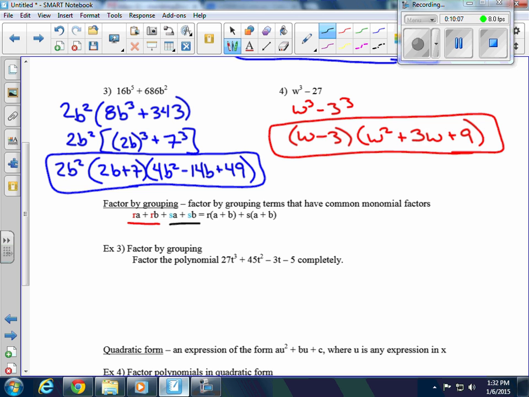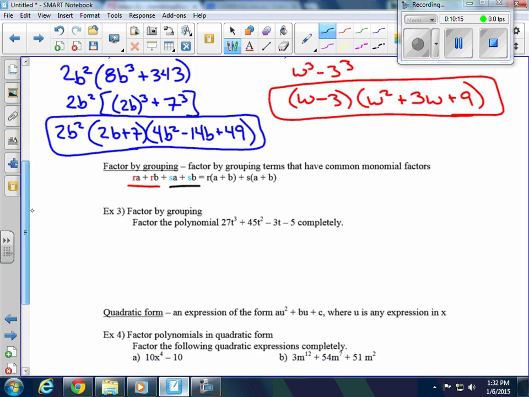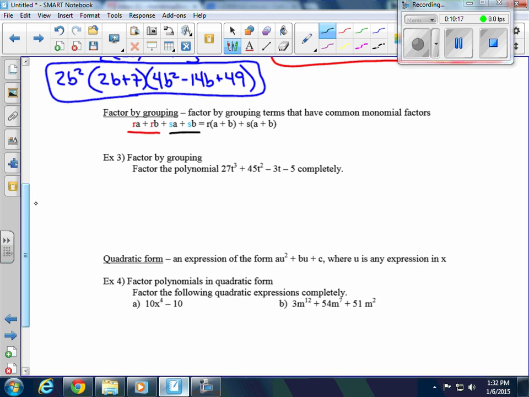We're going to pull out a common factor in the first two terms, and we're going to pull out a common factor in the second two terms, and then we're going to go from there. So if we look at example 3, I'm going to take these first two terms. I have a 27t cubed and a 45t squared. Well, I see that they both have factors of 9 and that they both have factors of t squared.